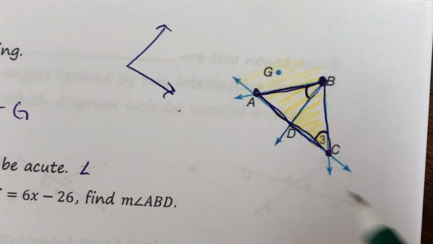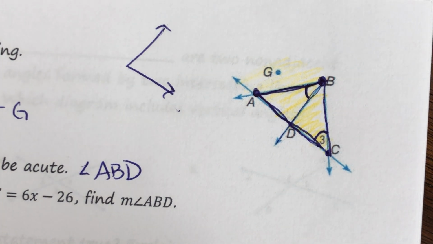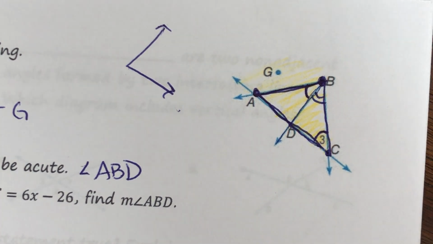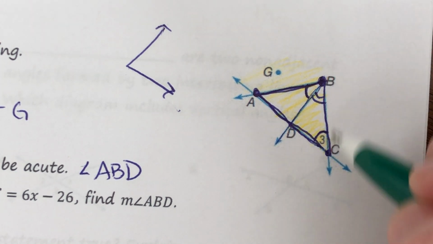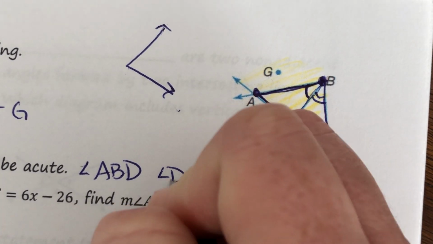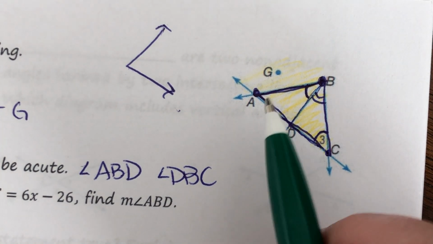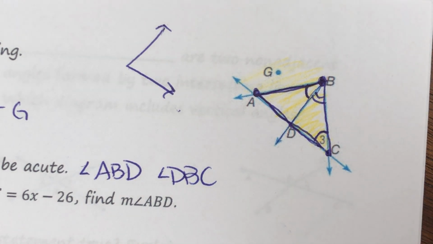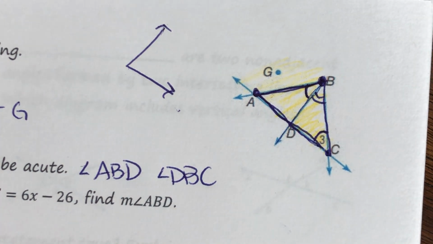So I could say angle ABD, or you could call it DBA. Doesn't really matter as long as B is in the middle. I could also say that DBC, this angle, is acute. Just this little bottom half area, DBC. You only have to name one. Those are just 2 different possibilities. I could probably say ABC, but that's not the most obvious answer choice to me. And since I only have to name one, I'm going to stick to one of these 2 that's more obvious.